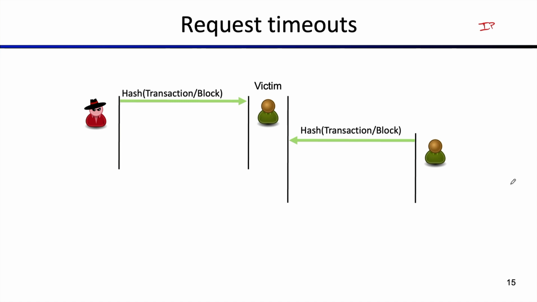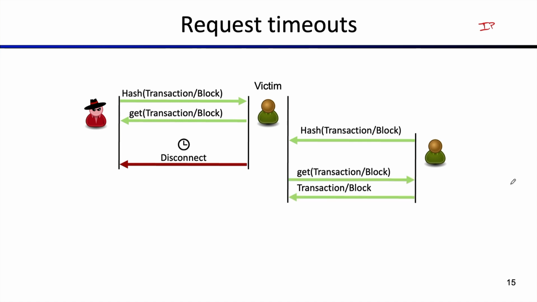And even if there's another peer that at the same time, or shortly after, advertises the same transaction or block, the victim will, in the first step, request this transaction or block from the adversary. Only if the adversary doesn't reply, given a certain request timeout, will the victim request the data from another, hopefully benign peer.